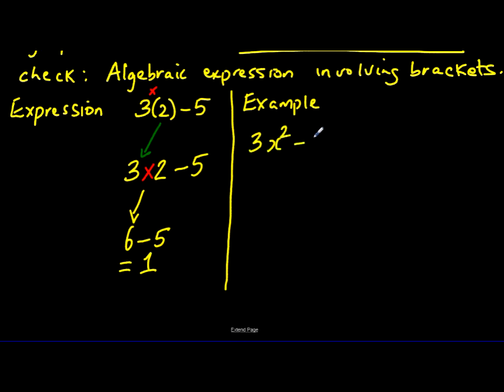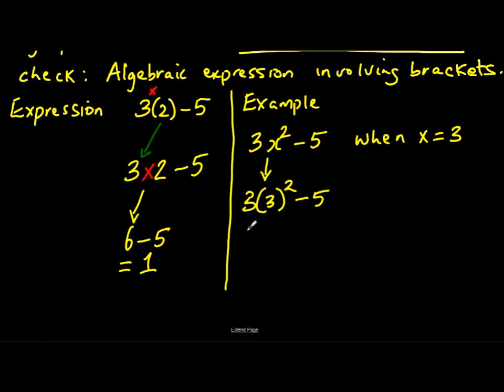3x squared minus 5. So we are saying that when x equals 3, we want to evaluate this expression when x equals 3. So this is the same as saying 3(3 squared minus 5), because the 3 goes into where the x lives.